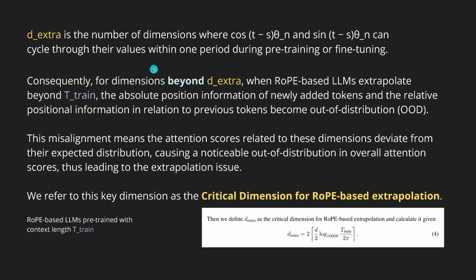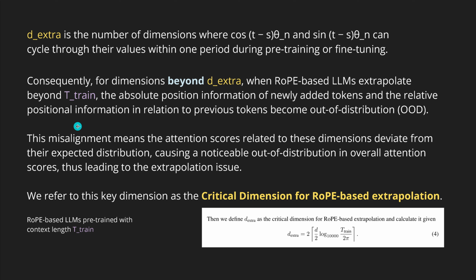So this means that for the dimensions beyond d_extra, when RoPE-based LLMs extrapolate beyond the training data, the absolute position information of newly added tokens and the relative position information in relation to the previous token become OOD, out of distribution.